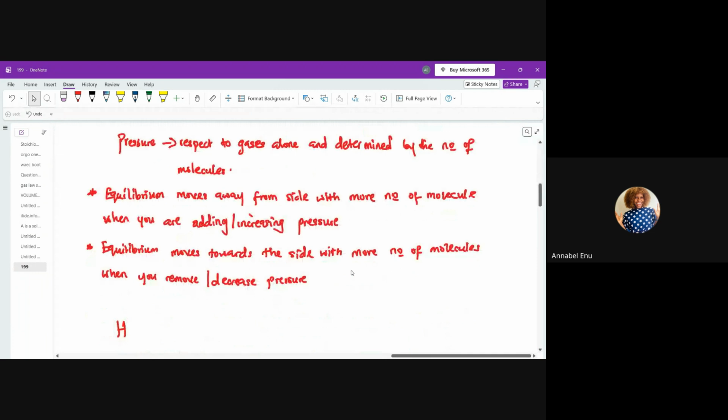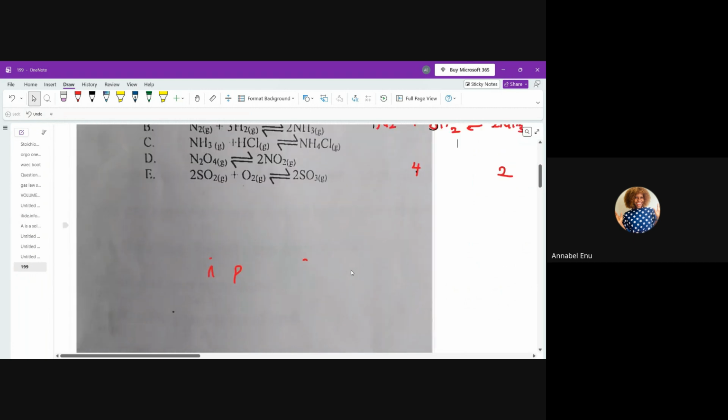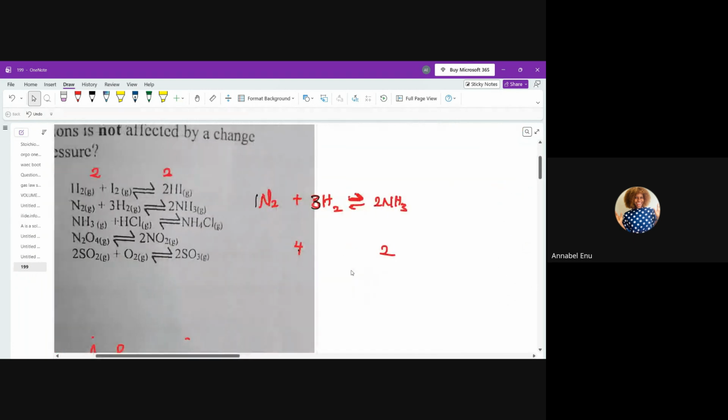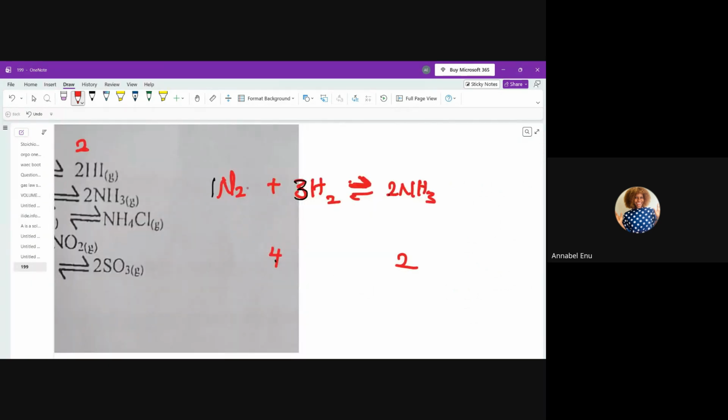Equilibrium moves away from the side with more number of mole when you are adding or increasing pressure. So the side with more number of mole is our reactant, and equilibrium will move away from it. That means it's going to be moving to our right. So this will be a shift to the right.